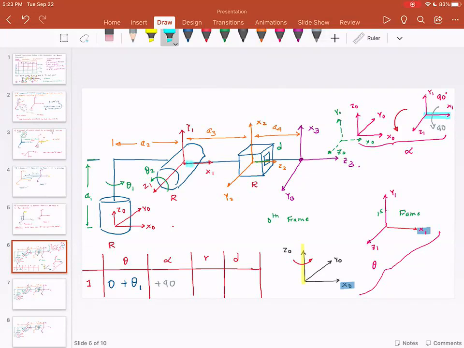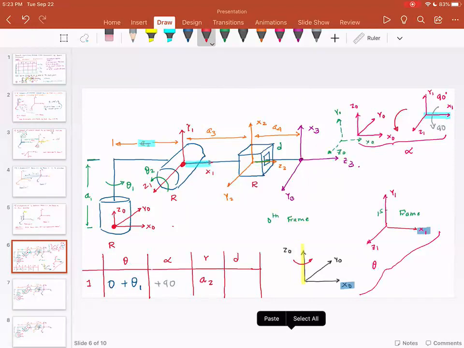Xn is this. R is the distance between the previous frame and the current frame along xn. So this is going to be A2.